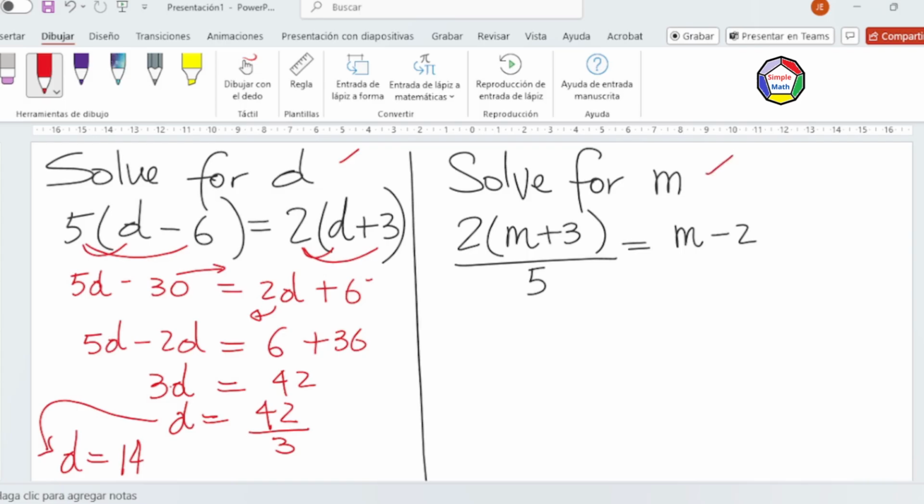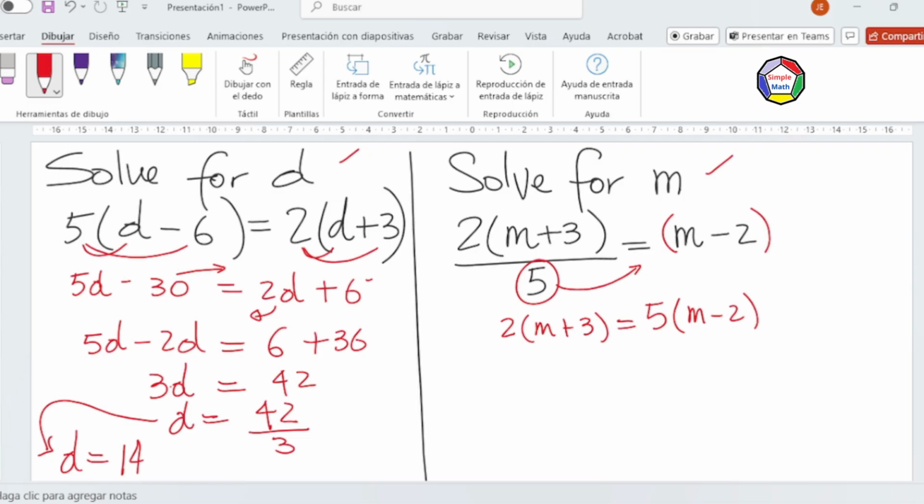So remember, I told you in previous videos that the first step is to move the 5 to the other side. So 5 is dividing, so I will move it to the other side to multiply. But the 5 is going to multiply all this. So what I actually have is 2 times m plus 3 must be equal to 5 times m minus 2.